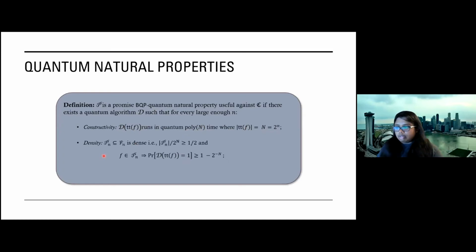There is a certain density to this: with high probability, at least half of the random functions satisfy it. If the function satisfies the property, then my algorithm will accept with very high probability. Similarly, we need it to be useful against C. So if my function actually falls in the circuit class, then I accept with very, very low probability. That's how the learning property behaves.